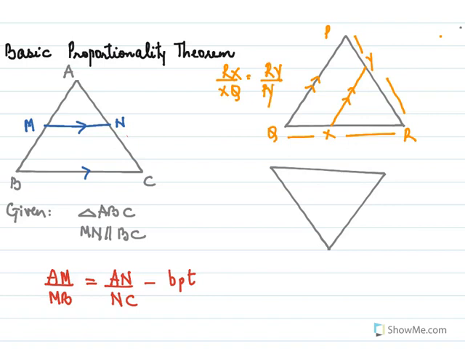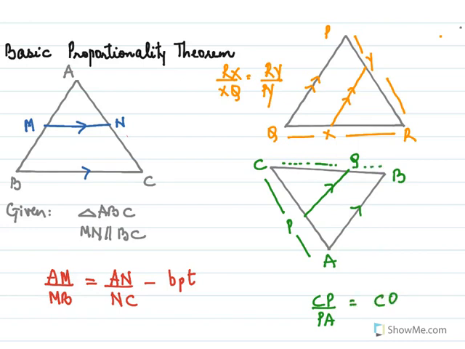Here again, if we have another triangle, say we name this ABC, and we have a line PQ parallel to AB, now we can write CP over PA is equal to CQ over QB. So this is the BPT.